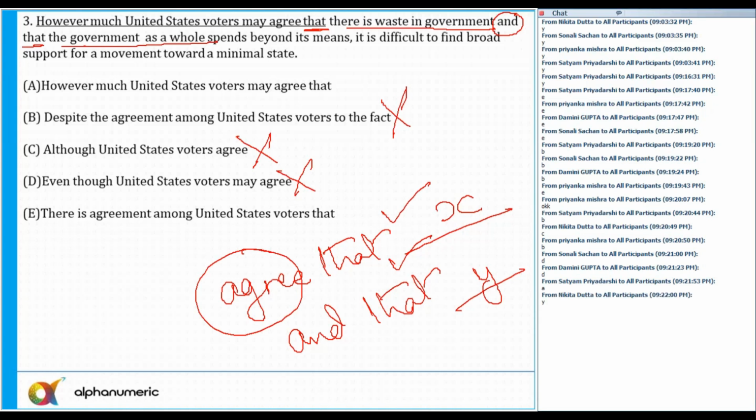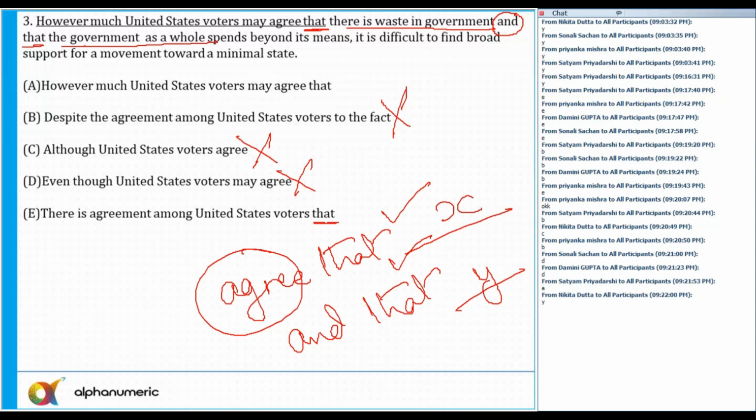Now, coming to number E. Even though number E has the word that, it entirely changes the meaning of the sentence. There is agreement among United States voters that there is wastage in government and that the government as a whole spends beyond its means. But it is difficult to find. The transition word, the contrary word but, is missing.